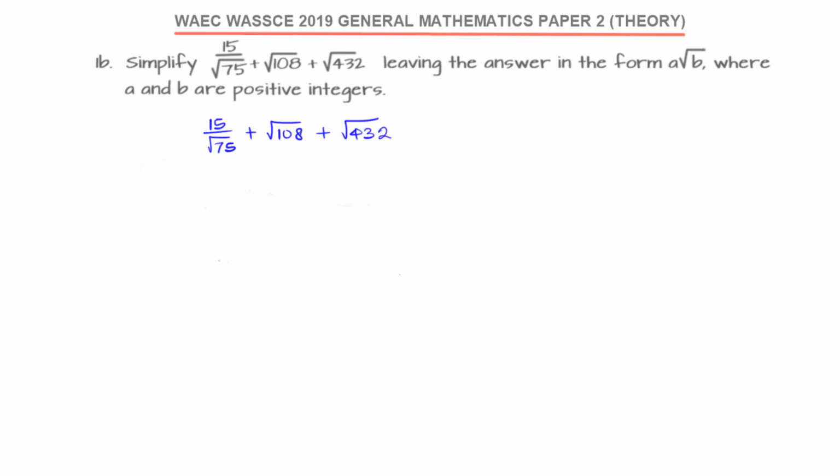And the simplification will start with dealing with the denominator that is having a surd, and looking at that, we're having root 75.